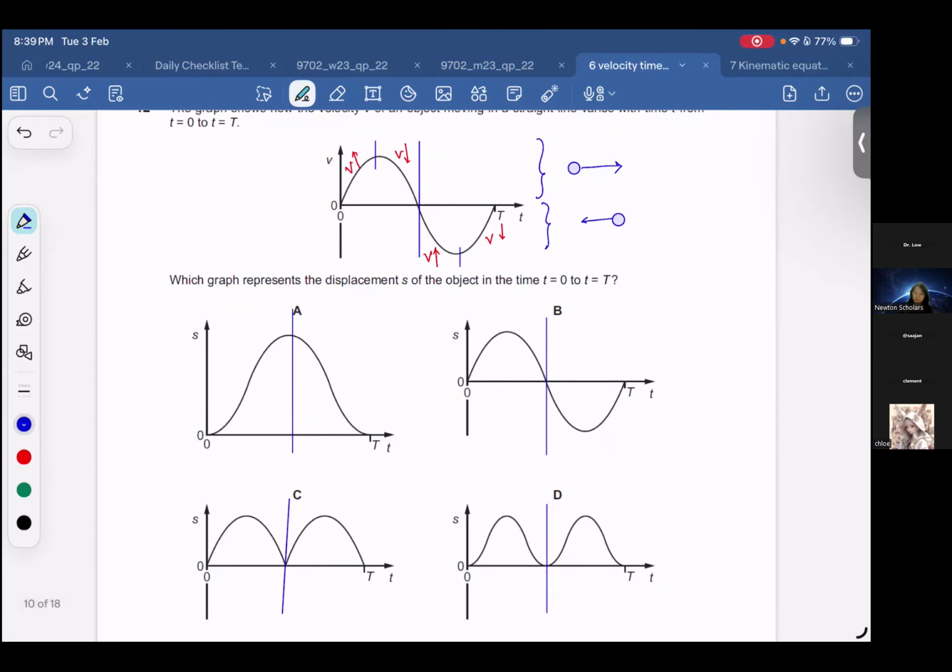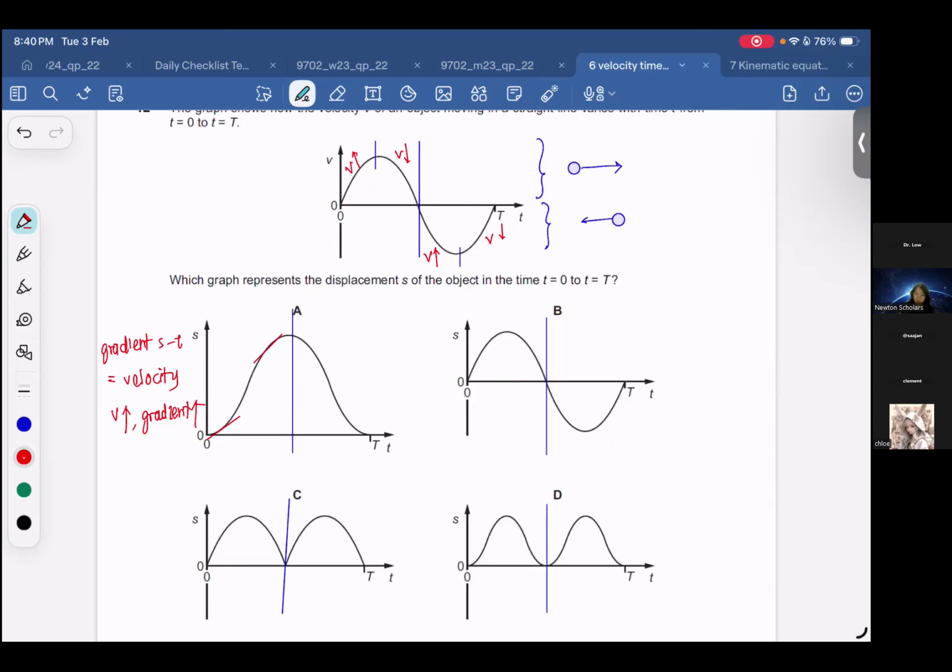In the first section, velocity increases. So the gradient for the ST graph is actually velocity. My velocity increases, so my gradient should increase. So this one I draw like this, then here we draw like this.